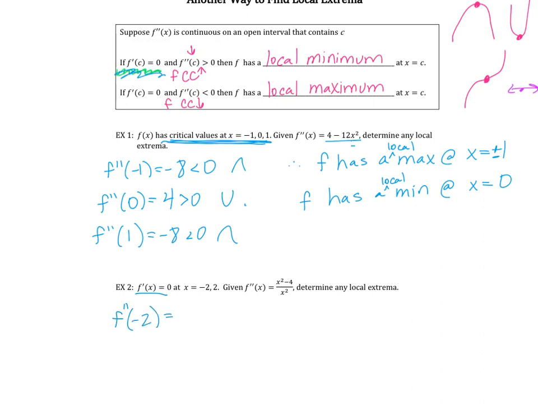The second derivative at -2 is 0. In the same way, the second derivative at +2 is also 0. So what can you say? Can I determine anything? No. Using the second derivative test, no conclusions can be made.